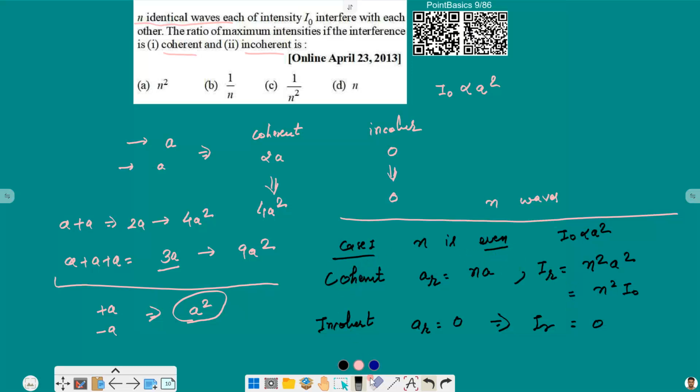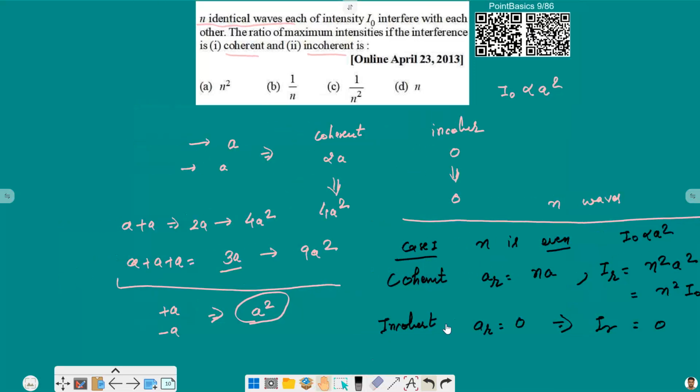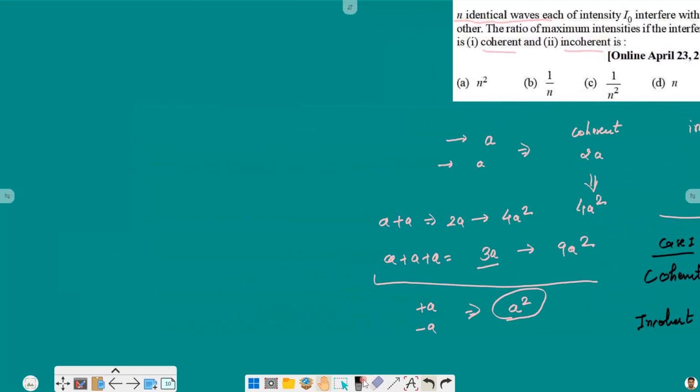Now, if we take n as odd, what will happen? Coherent addition will stay the same: the resultant amplitude will be n A node and the resultant intensity will be n squared times I node.